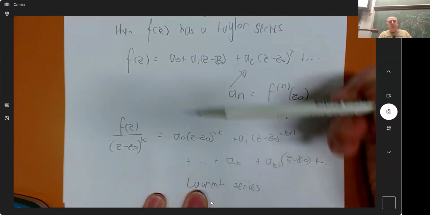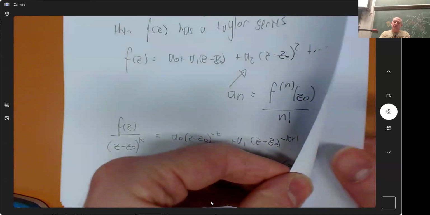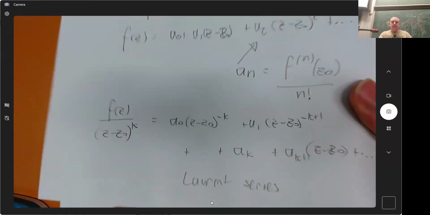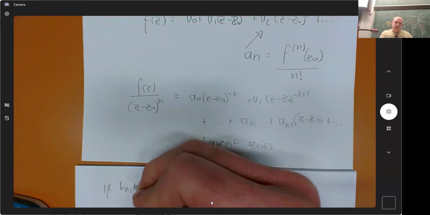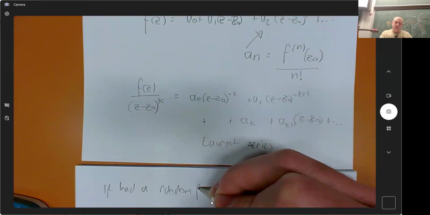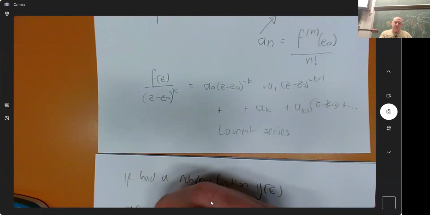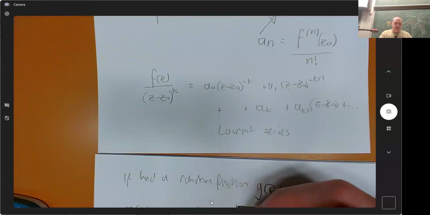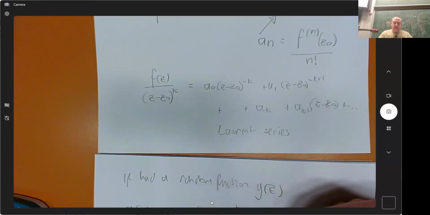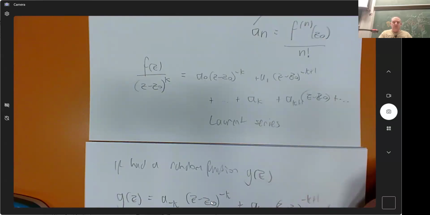I've borrowed the coefficients from the original f, but normally you'd write it like this: if you had a random function g of z, then g of z is a negative k (z minus z0) to the power of negative k, plus a negative k plus 1 (z minus z0) to the minus k plus 1, and so on forever.